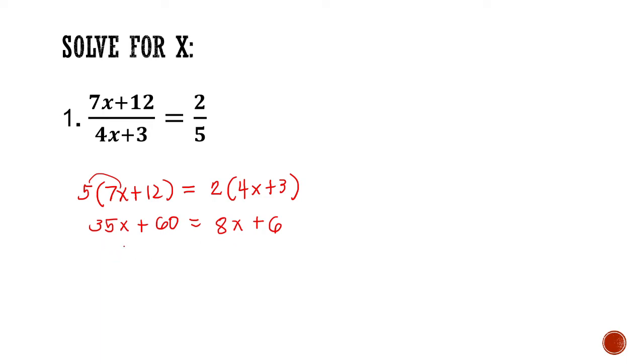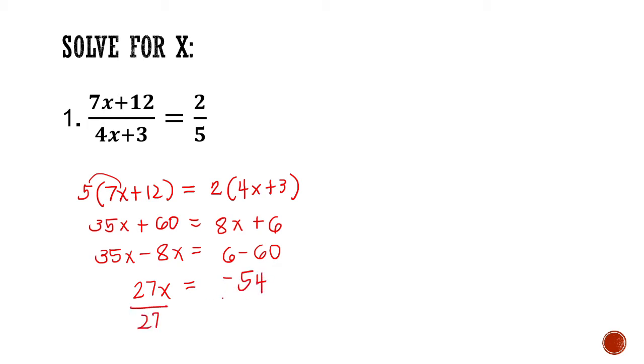So ilalagay natin sa left side itong mga may x. And then we're going to move 60 to the other side. So that will become negative 60. And then we combine similar terms. So 35x minus 8x is 27x is equal to 6 minus 60 is a negative 54.